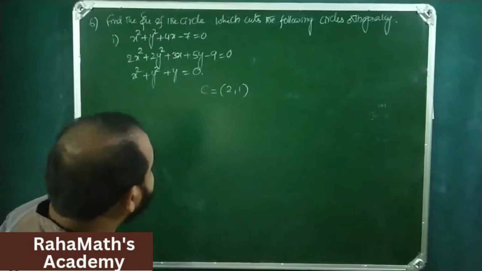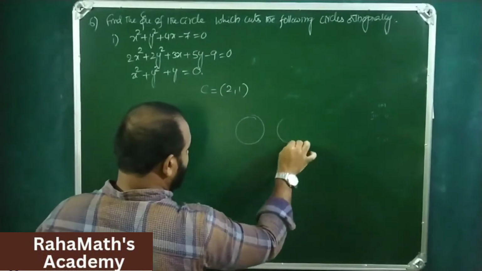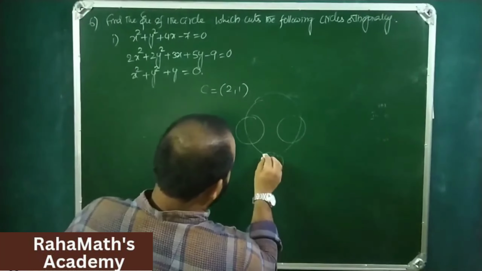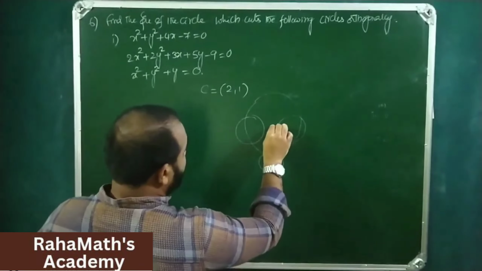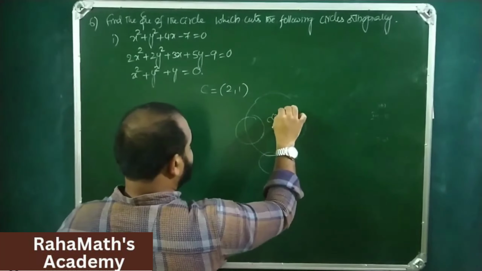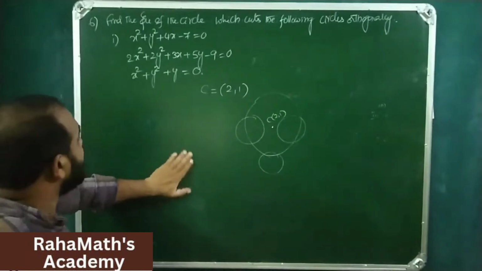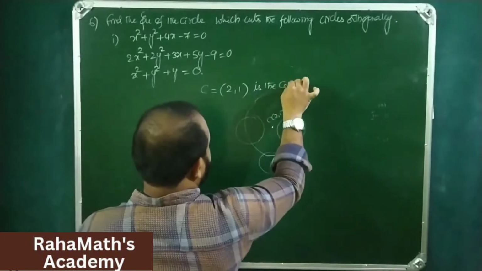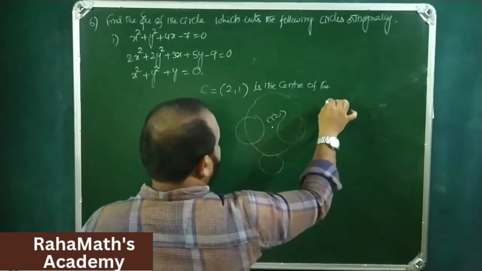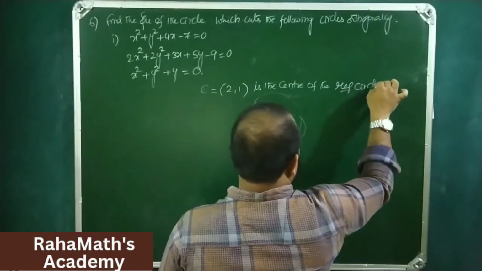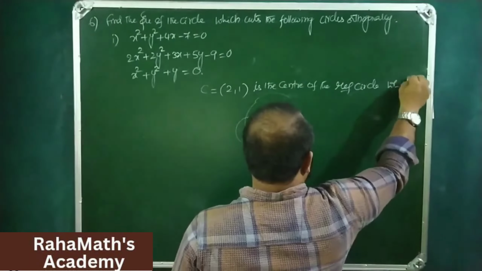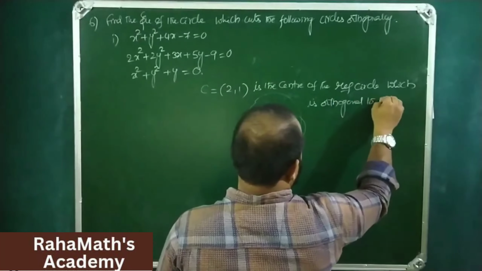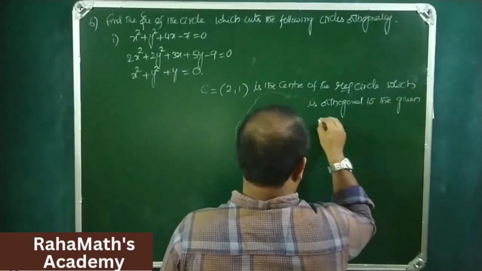Now, this C equals 2 comma 1, with these 3 circles given, is the center of the required circle that is to be found out, which is orthogonal to the given 3 circles.